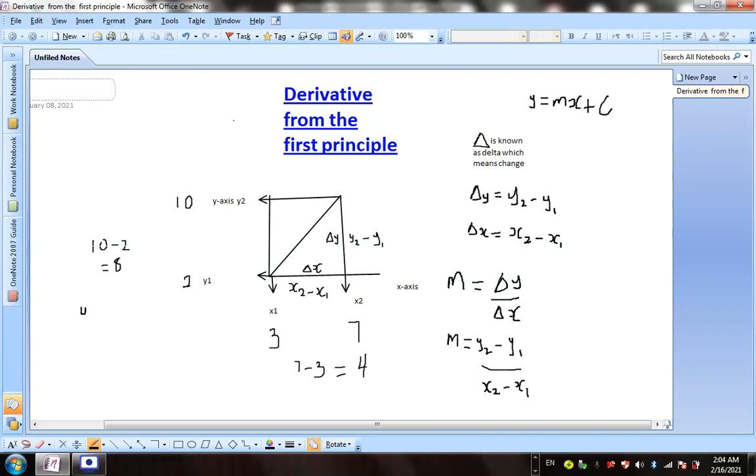Now suppose we have y is equal to x. So comparing it with this equation, that is y is equal to mx plus c. In this place, our c is equal to 0 because c is known as a constant c.